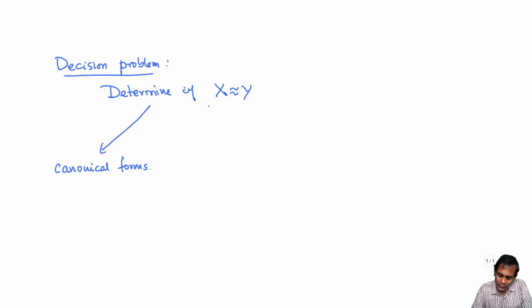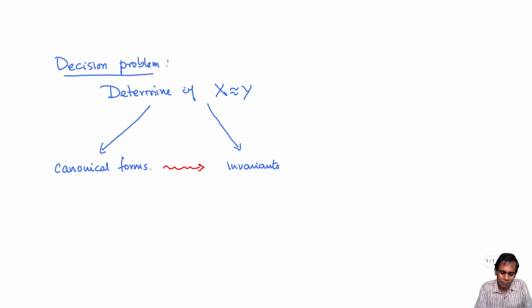The other is that given an element of your set, you try to compute certain invariants. You take the matrix X and compute some numbers with it. If you have another matrix Y and you compute those numbers and they turn out to be the same, then X is equivalent to Y. So we have these two approaches, canonical forms and invariants. We'll see that the canonical forms approach actually leads us to the discovery of the invariants.